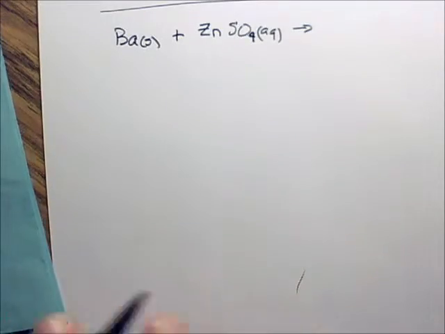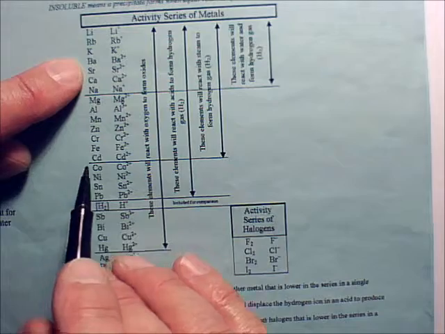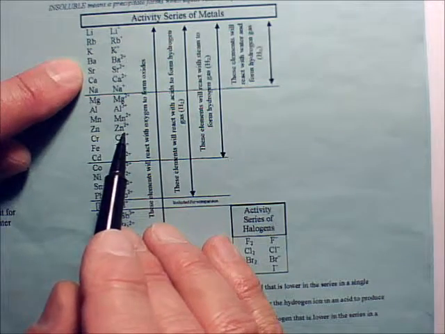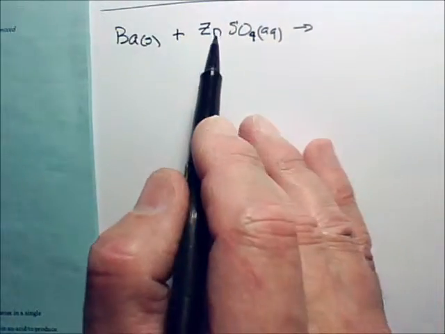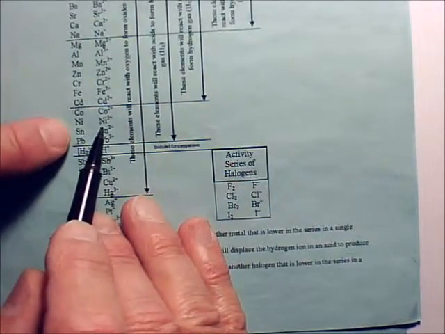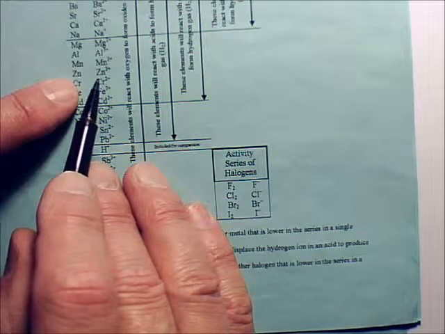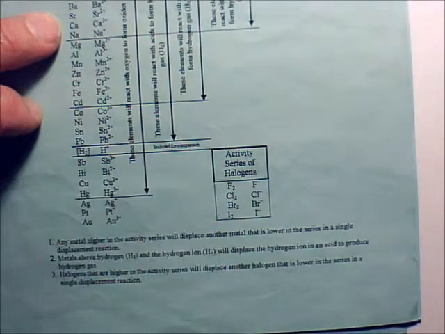Okay? So looking on the activity series, barium is higher than zinc. Okay? And the zinc in the compound is zinc with a 2+ charge, and that's what's in this second column, zinc with a 2+ charge. Okay? So barium can replace zinc.